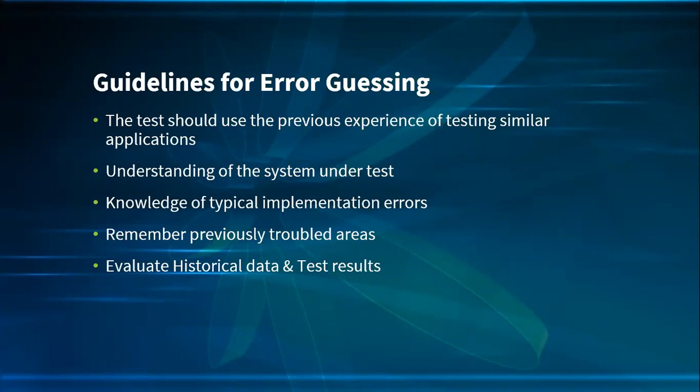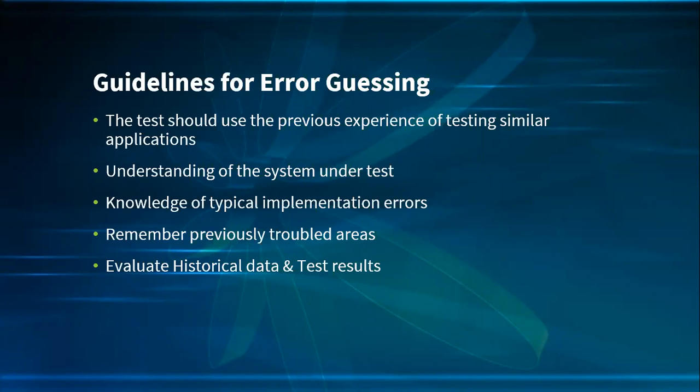Understanding of the system under test. So you have a better understanding of the system that you want to test. Knowledge of typical implementation errors. Remember previously troubled areas, so lessons learned from the first release. It might be that subsequently there was some data missing, this and that. You use those lessons learned also as part of the guide when you are doing error guessing.